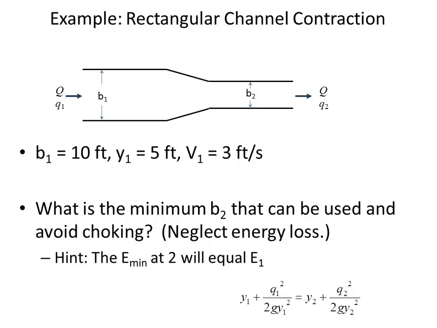Okay, the area is 14.28 square feet, and therefore B2 is A2 divided by Y2. We know that the area is 14.28 square feet. And we know that the depth will be the critical depth of 3.427 feet.